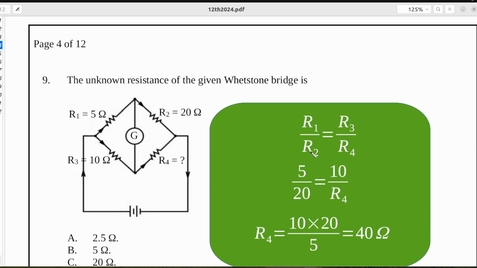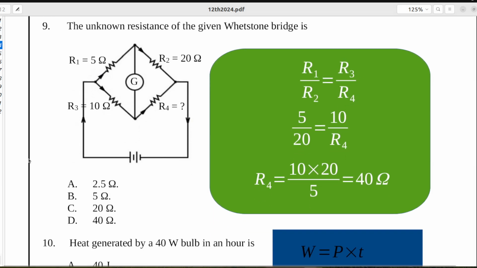As we are given the values for R1, R2, R3, we can find the value of unknown R4 resistance. Just put in the values and cross multiply, we find the value of R4, which is equal to 40 ohm. So our correct option is option D, 40 ohm.